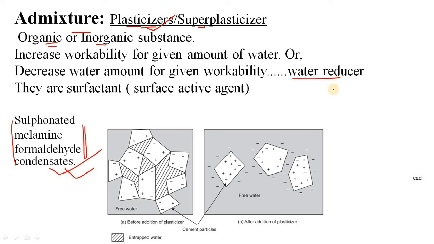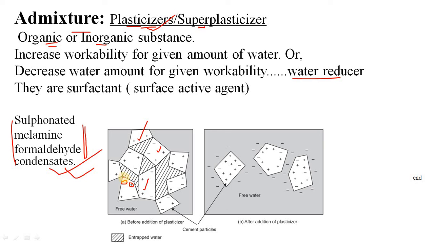How? Okay, so when you create M80 concrete, you add water to the cement particles, also aggregate. I am not considering the aggregate, I am only considering the cement particles. Say these are the cement particles, this one, this one, this one. So when you add the water, what will happen? This cement particle has both positive charge and negative charge.